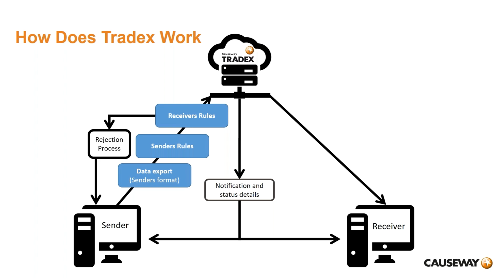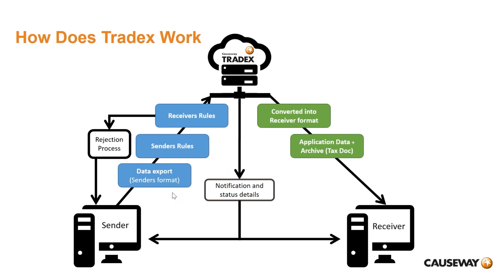Once it has passed the rules on both sides, you then get notification, and that's then available. Tradex will then convert that to the receiver's format, provide the actual archive, the PDF, the tax document, make the data available, and that data would get imported automatically into the receiver's accounts system.